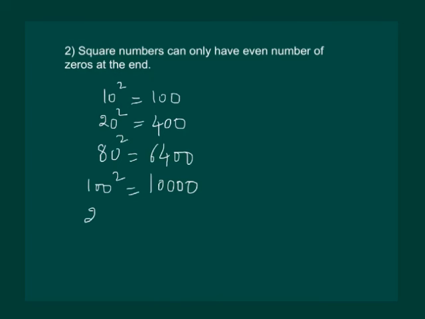Let us take 200 square, that will be 40,000. Let us take 900 square, that will be 8,10,000.